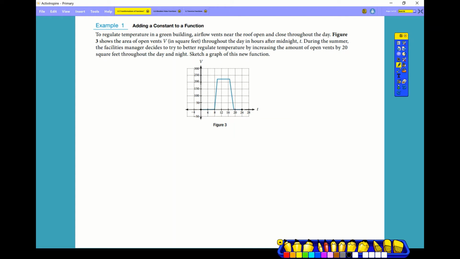So he's going to increase it by 20 square feet. Is that T, our horizontal axis, or is that V, our vertical axis? Well, what is T? T is hours after midnight.